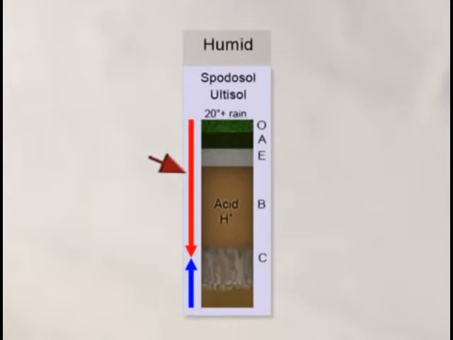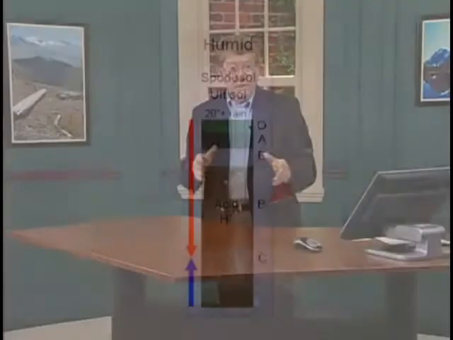Okay, now we get to the B horizon. The B horizon, remember now the important thing, it contains the clay minerals. It's got those various oxides or hydroxides of iron, so it's all colored, whatever color you want to make it. And the other thing that's in there sometimes, but not always, it may or may not contain carbonate minerals. Now, whether it does or not depends upon what the particular chemistry is.